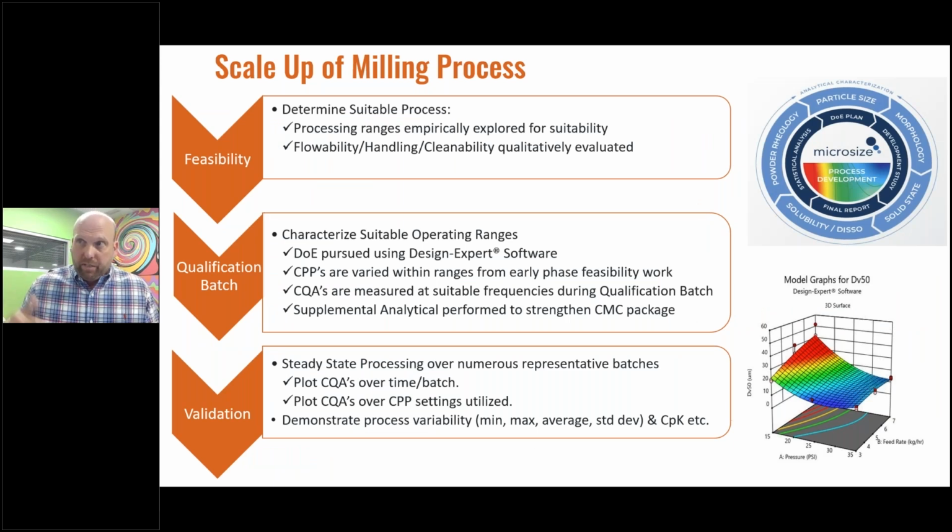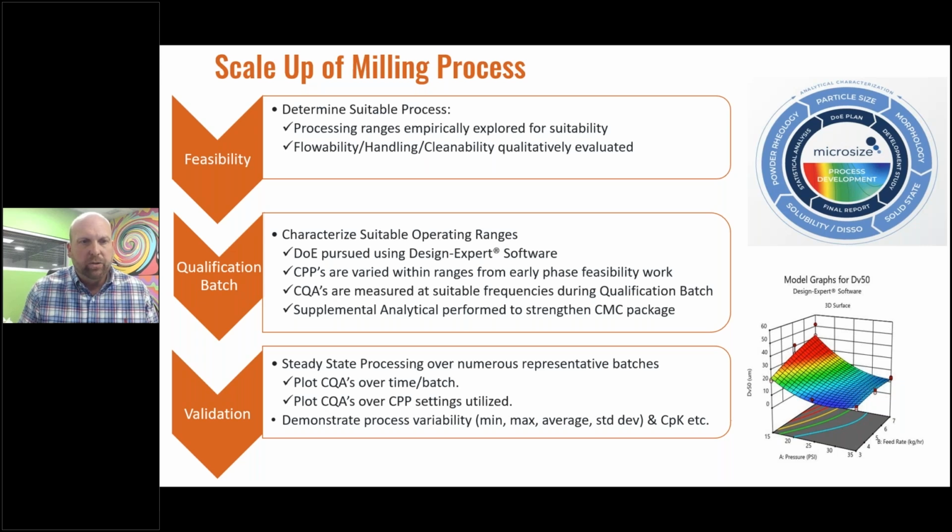And so our scale up process is typically a three-step process where we'll do feasibility and then understand empirically what ranges work and what technology can give that desired particle size distribution, and then understand in that first event the material's flowability and handling, and cleanability, and be able to solve those things for future events.